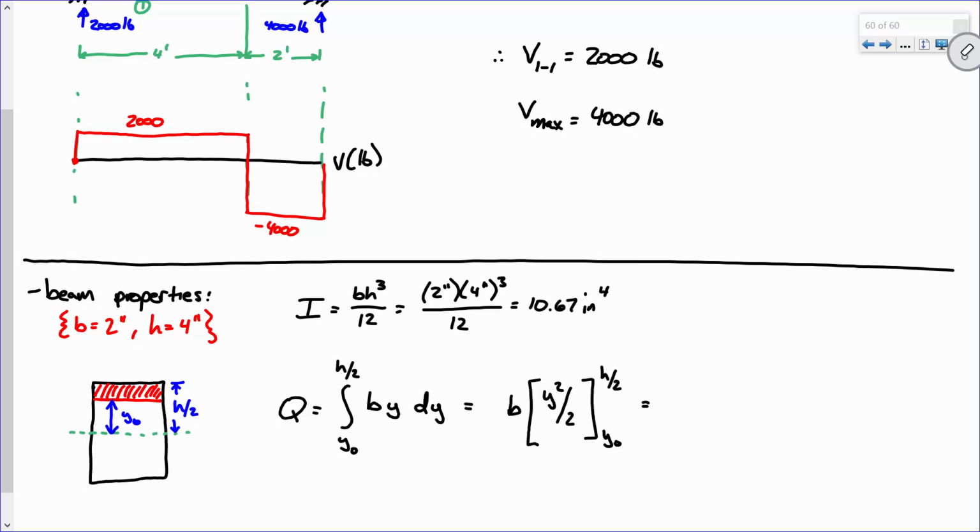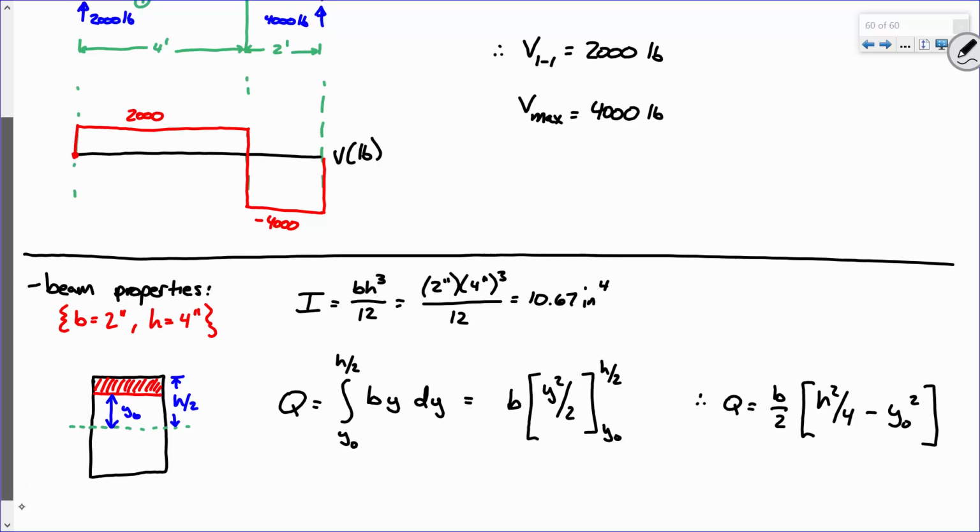So if you want, you can say Q is B over 2 times h squared over 4 minus y naught squared. Sound good?